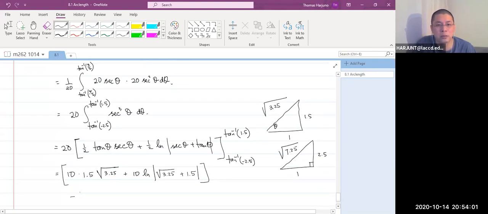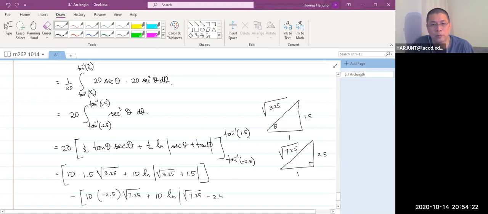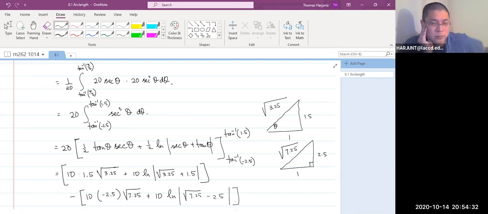Minus 10 times negative 2.5 square root of 7.25 plus 10 times natural log of the square root of 7.25 minus 2.5. This is ugly. I don't even know if this is right though. Do you want to check?